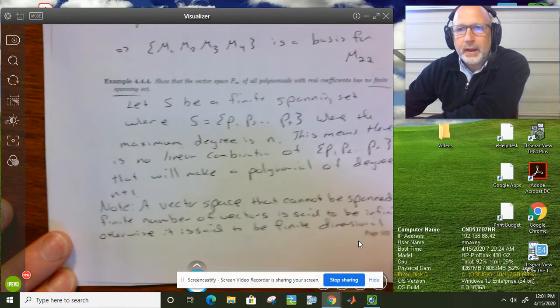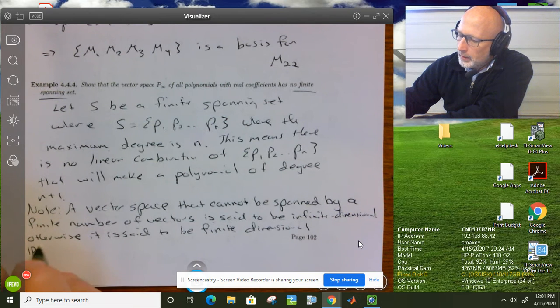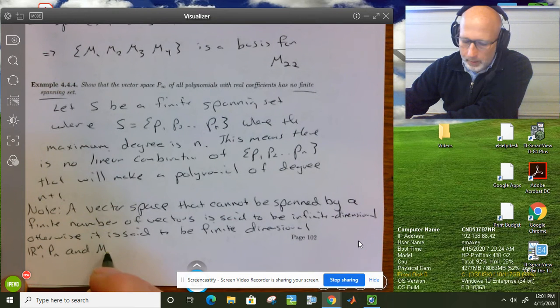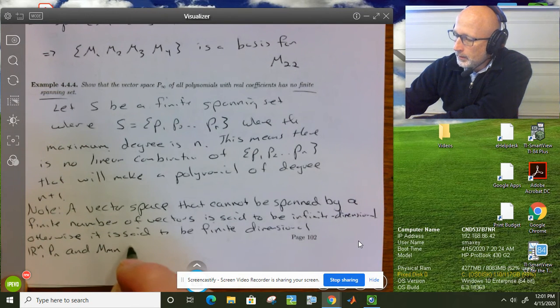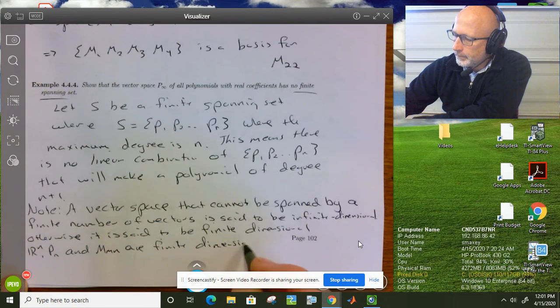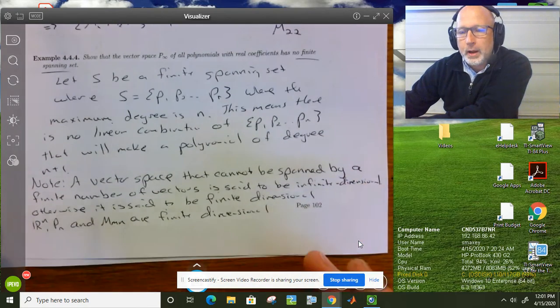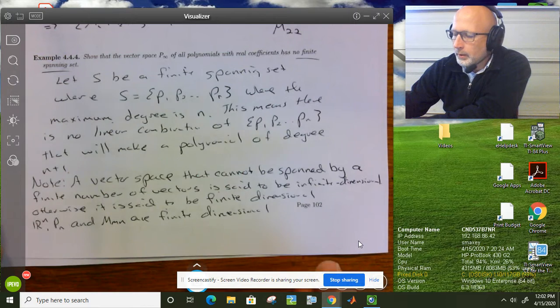Okay, so what are some examples of finite dimensional? We know Rn, we know Pn, and Mn are finite dimensional. On the other hand, and I'm just going to basically make this claim, you actually have to do one of these in your homework.